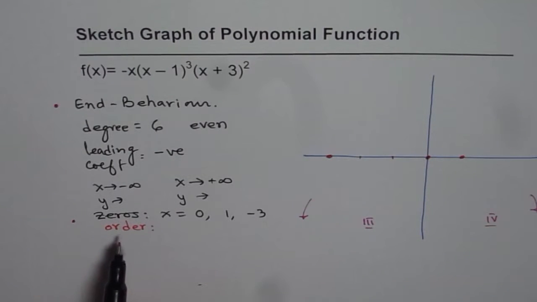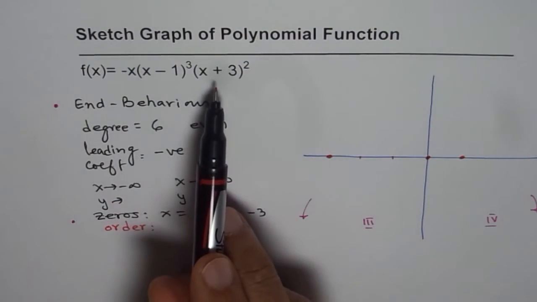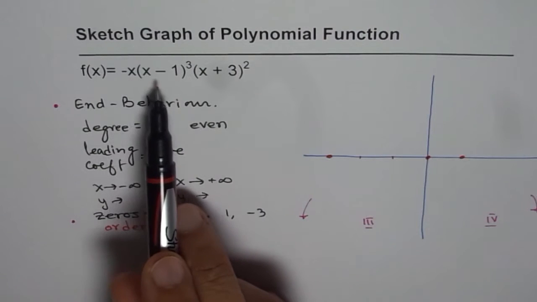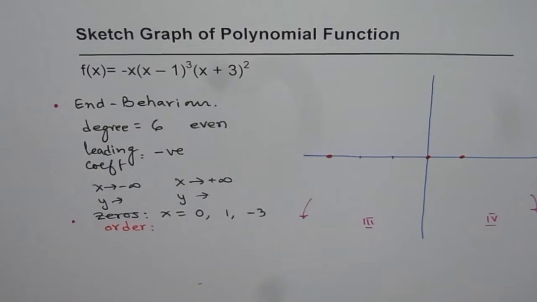I have taken these 3 zeros of different kinds: the first one is linear, the second one is cubic, and then we have a square, like a parabola. The order decides the behavior, and in this graph I will show you exactly how.